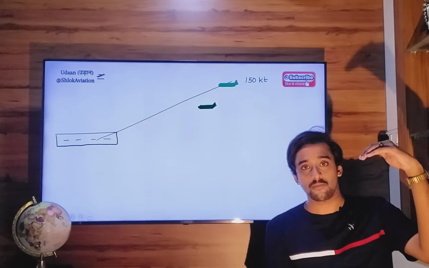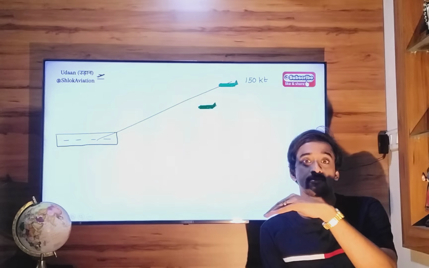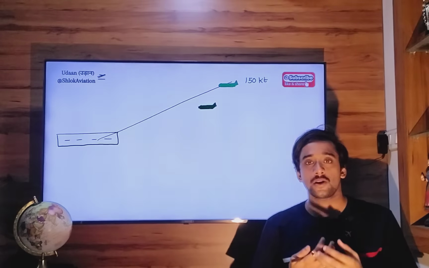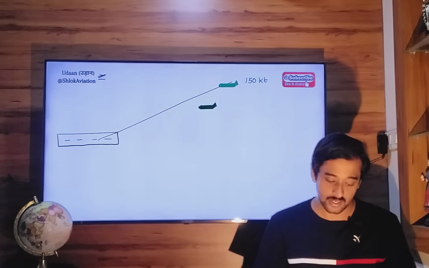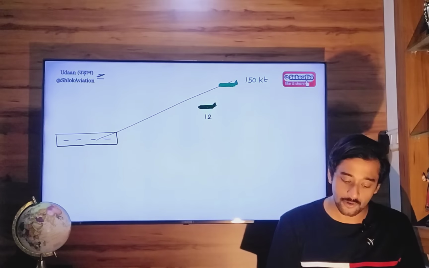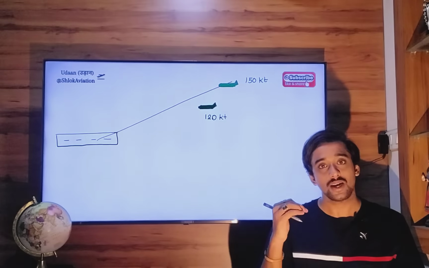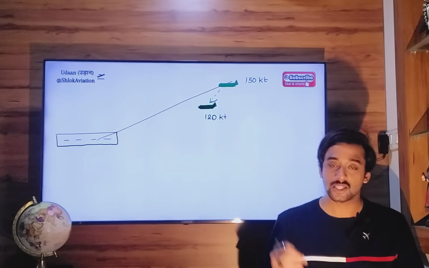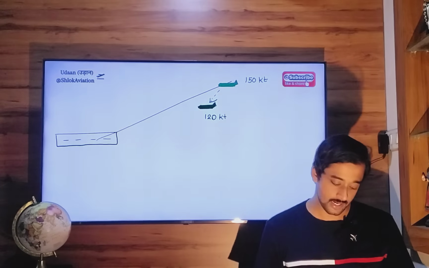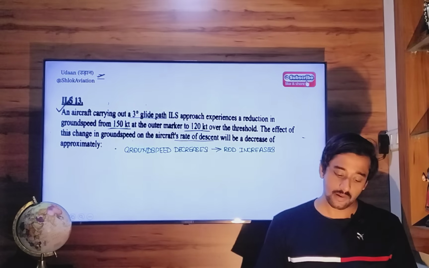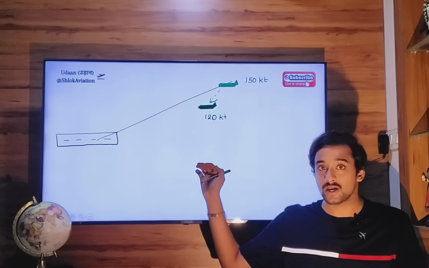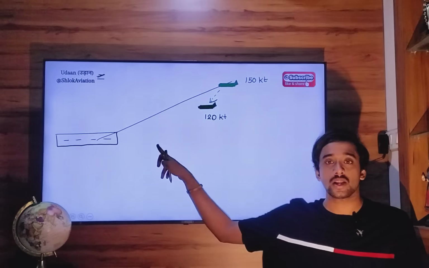Instead of maintaining a constant rate of descent of 500 feet per minute down to the runway, now all of a sudden your rate of descent is 700 feet per minute. So you have found yourself below the glide slope. This is the problem: the glide slope is above you, you are below it. The rate of descent increases, you will be below the glide slope, and you will undershoot the runway.